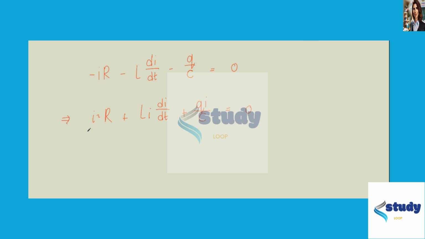And from here we can immediately see that this first term is the power through the resistor, or the rate at which energy is dissipated through the resistor.